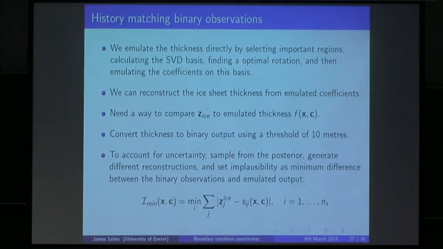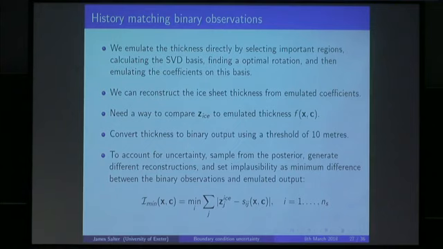We could have done something probabilistic, using some sort of binomial distribution, but in the end we decided to emulate the ice sheet thickness as normal. We project onto a basis, emulate the coefficients on this basis, and then project back up. This gives us an emulated field of thickness, and then we just convert this to 0, 1 output using some threshold. This is what's been done in the paleo community in the past.